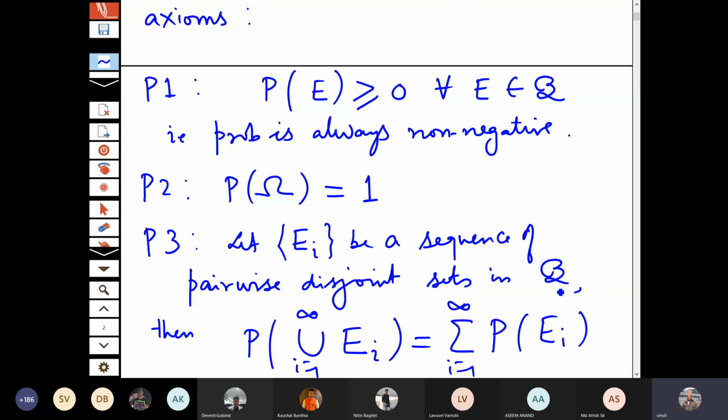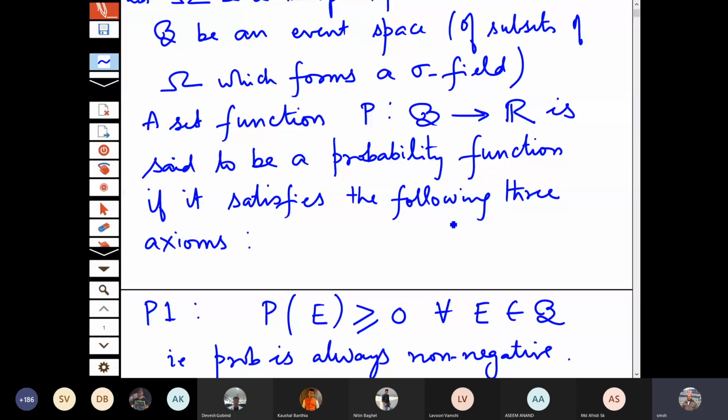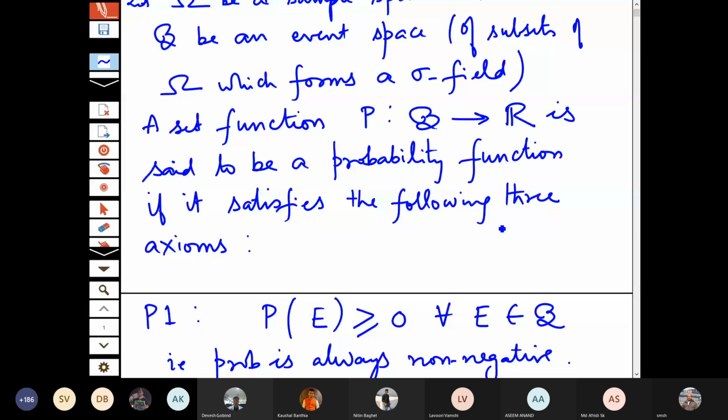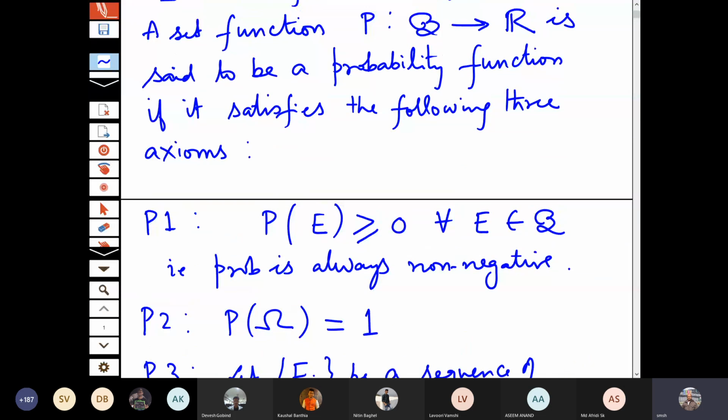So you look at this. In order to define a valid probability function, we have a sample space and a corresponding event space. On that we have a function from B to R, the set of real numbers. What are the elements of B? They are events.